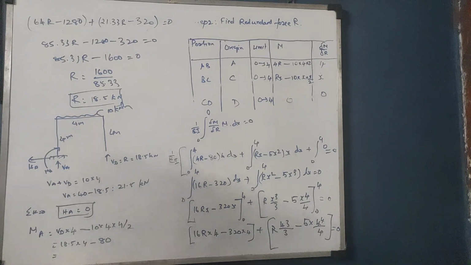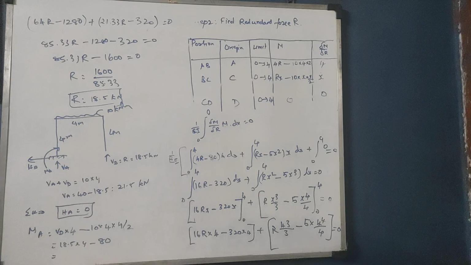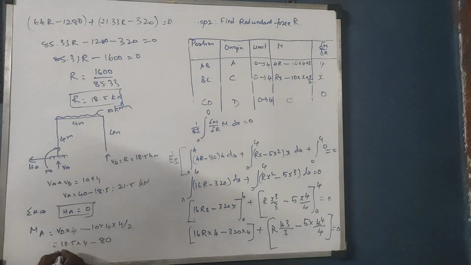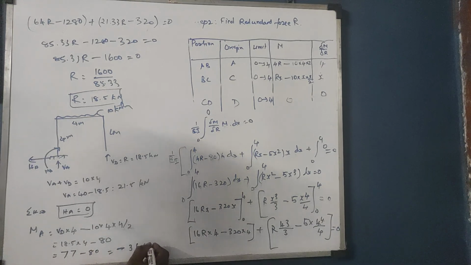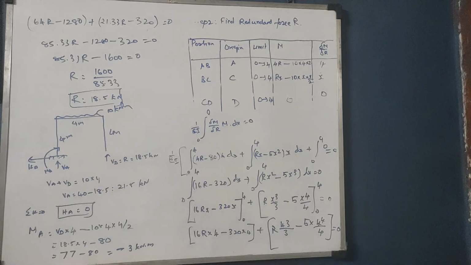Therefore, 18.5 into 4, it is 74, minus 80 equal to minus 6 kilonewton meter.